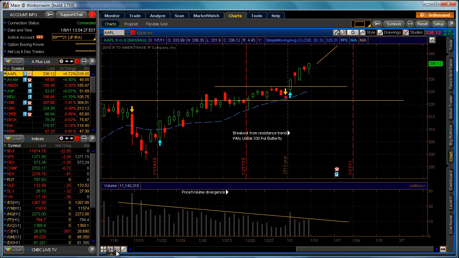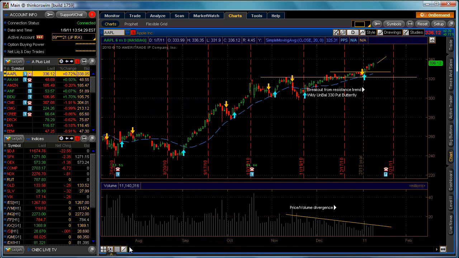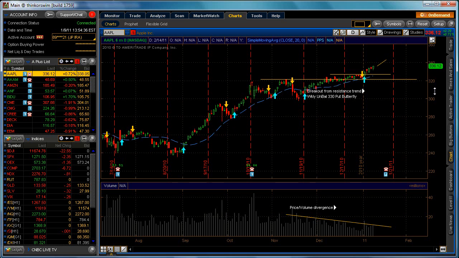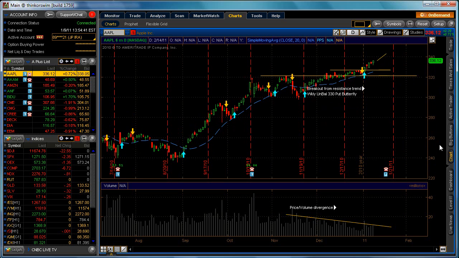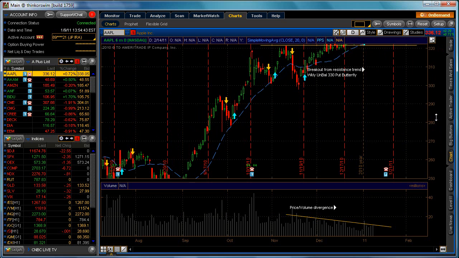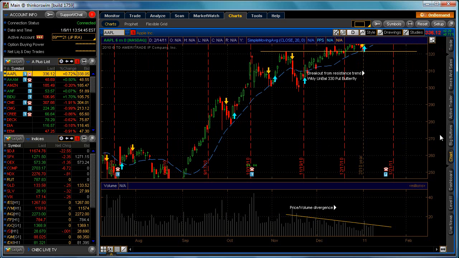But let's move back out and I'll show you another thing that I do sometimes, and that's to go over here to the price scale on the right and just click and drag it, and you can compress it down more or you can spread it out more. If you spread it out, you can actually get it to run off the scale of your chart.